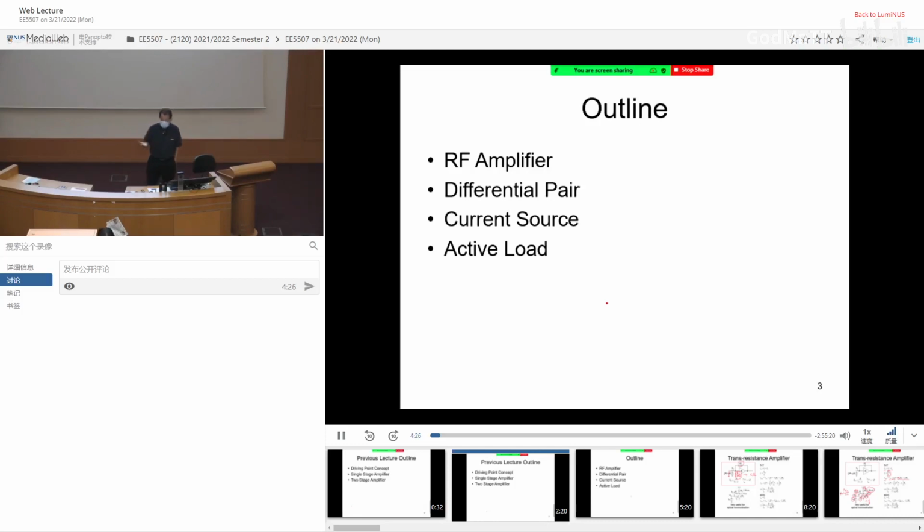And then, of course, the interesting thing is about the current source. If you think carefully, we always like using a current source because, from probably our first lecture, all the small signal parameters depend on current. gm for BJT is IC over VT, current, right?